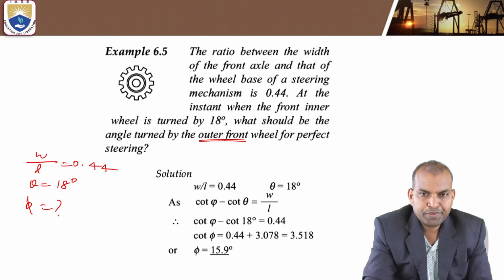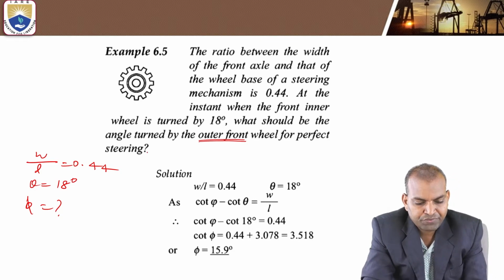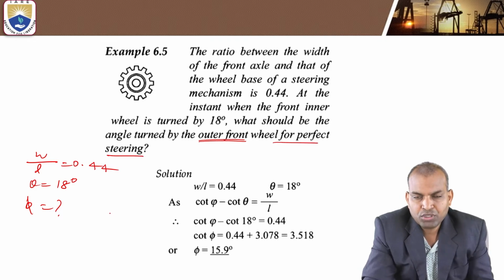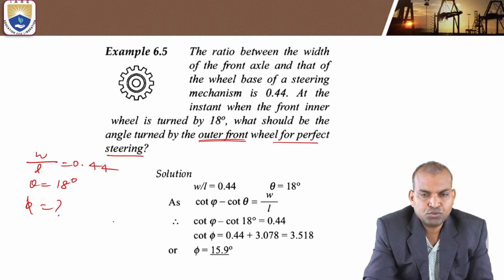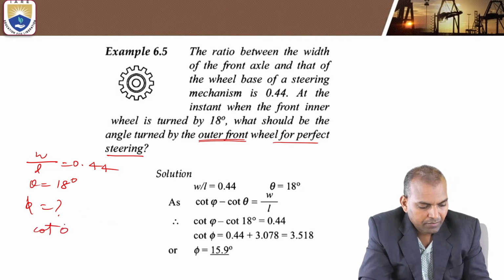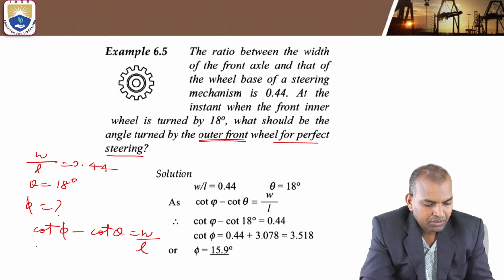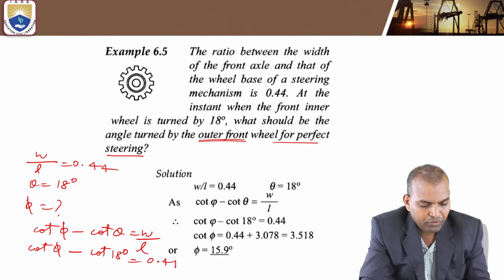Now here, what should be the angle turned by the outer front wheel for perfect steering? For that, we have to use the condition for correct steering, or perfect steering, equation. That equation is cot phi minus cot theta equals W by L. We know the value of theta, so cot phi minus cot 18 degrees equals W by L, which is 0.44.